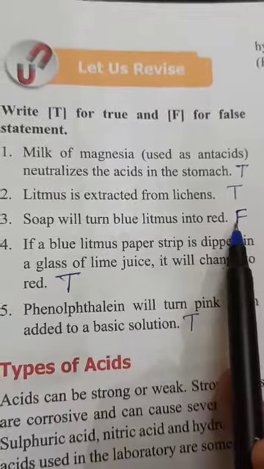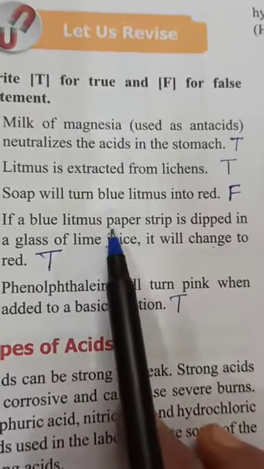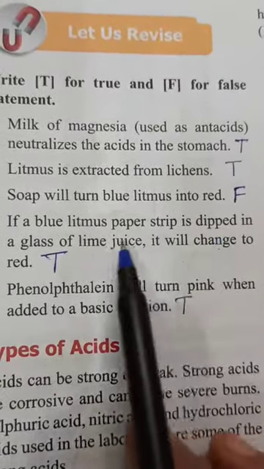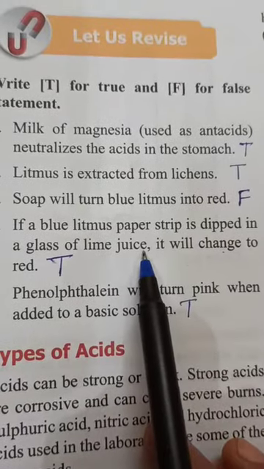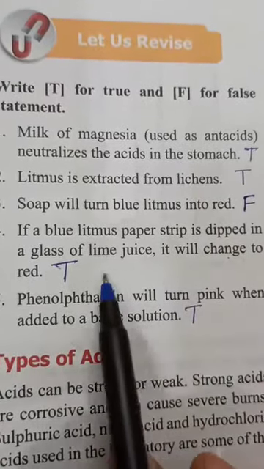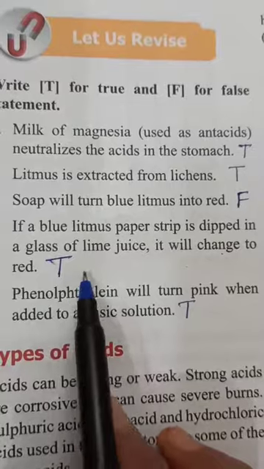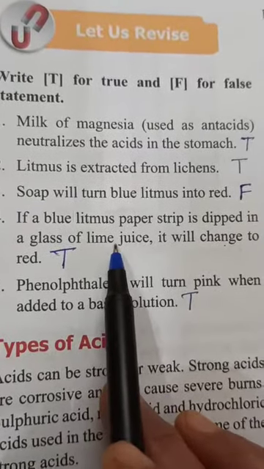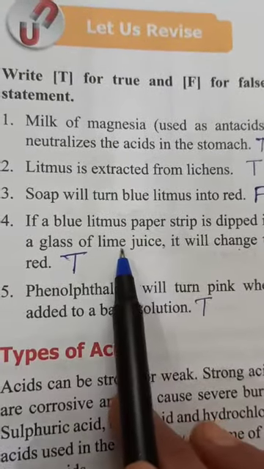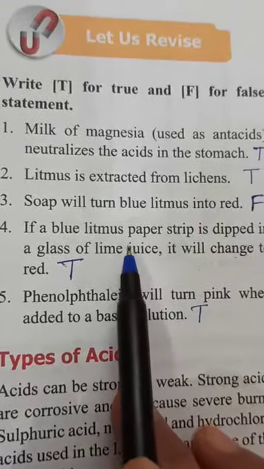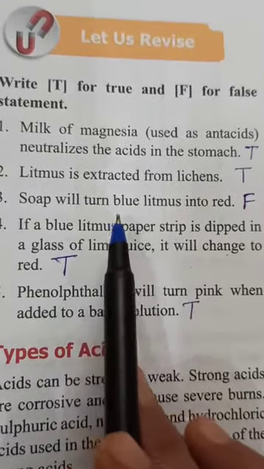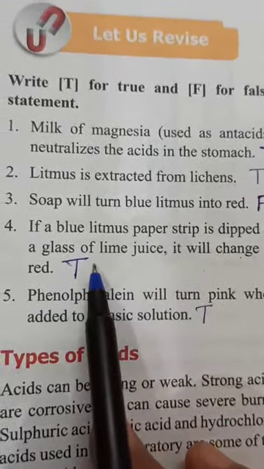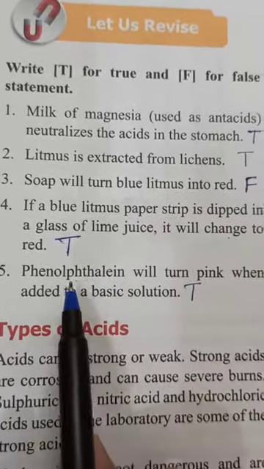So it is false. If a blue litmus paper strip is dipped in a glass of lime juice, it will change to red. Yes, lime juice, you know that it is acidic. So in acids, blue litmus paper always turns red in color. So it is true.